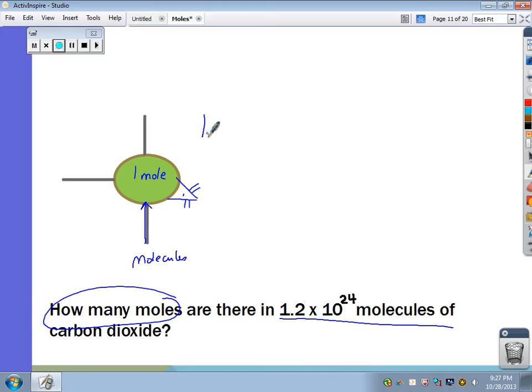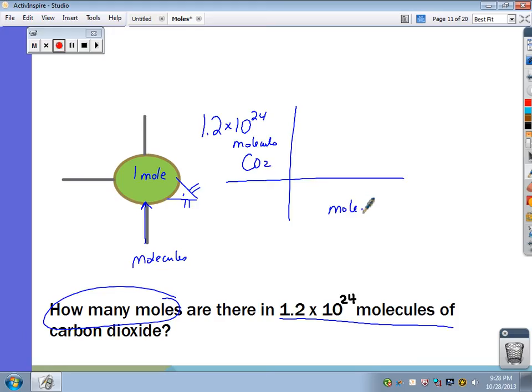I have 1.2 times 10 to the 24th molecules of carbon dioxide. I do not want molecules of carbon dioxide. I do want moles. And because there's a direct path, I can go ahead and put the word moles up here.